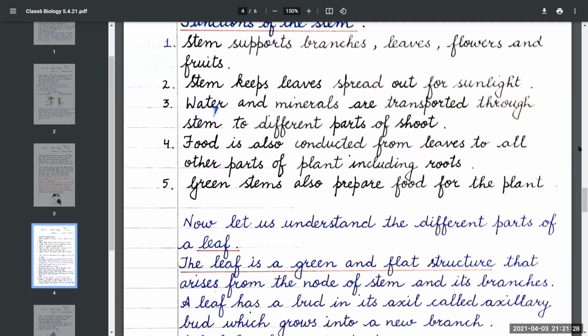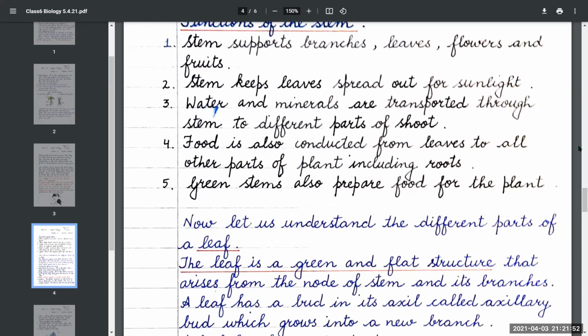Now, let's understand the different parts of a leaf. The leaf is a green and flat structure that arises from the node of stem and its branches.